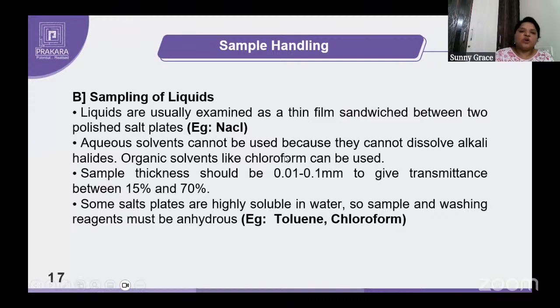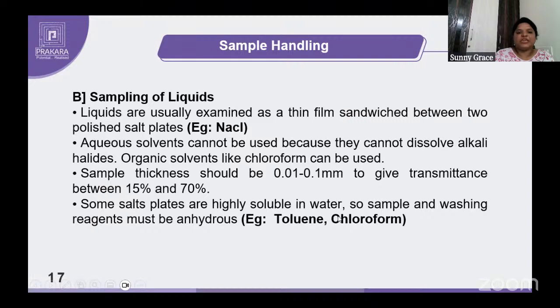So organic solvents like chloroform are generally used. The sample thickness should be 0.01 to 0.1 mm to give a transmittance between 15 and 70%. So these are the things we have to remember. Some salt plates are highly soluble in water, so washing also is not done with water.